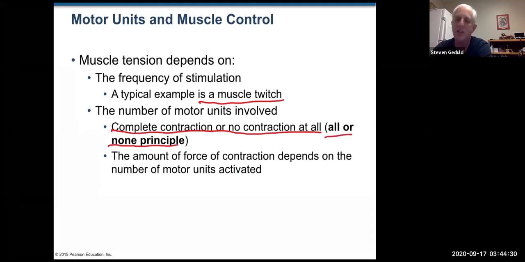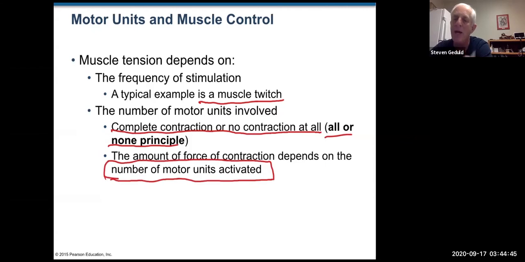The muscle fiber itself, that cell, either contracts or it doesn't. It doesn't do this halfway stuff. It's all or none. The amount of force depends on the number of motor units that are activated by that neuron. So how many of the muscle cells contract gives you your strength of your contraction. So you're not contracting a muscle halfway. You're contracting it all the way, but you're only using a certain percentage of them if you don't want to have full strength.